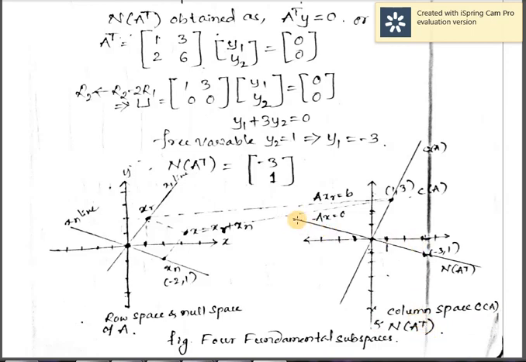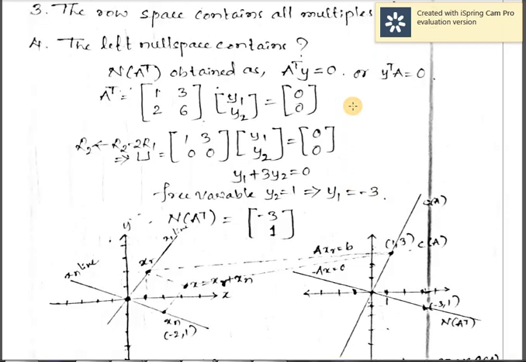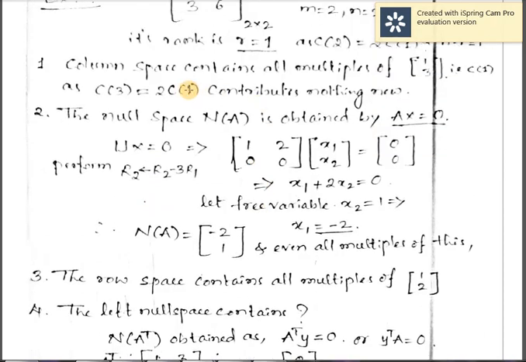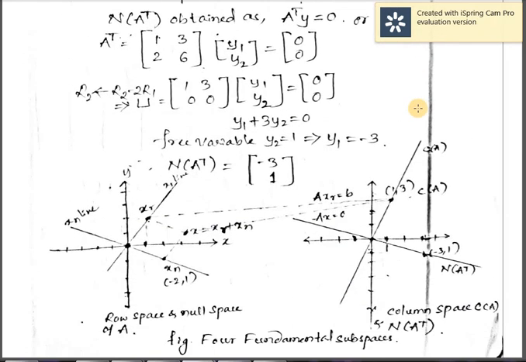The column space, as we know, is 1, 3. So we write the point 1, 3. A line joining this 1, 3 to the origin, extended on either side, will give all the multiples of the column space. All the values of the column space will lie on that line.